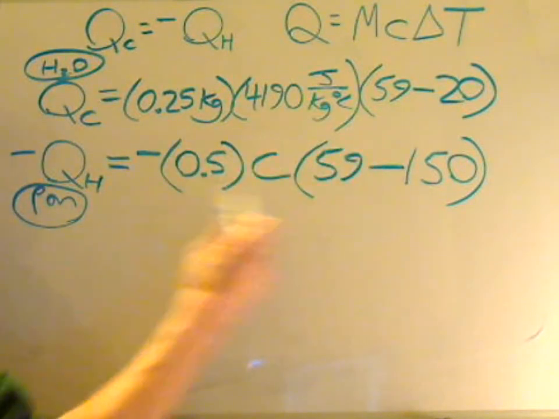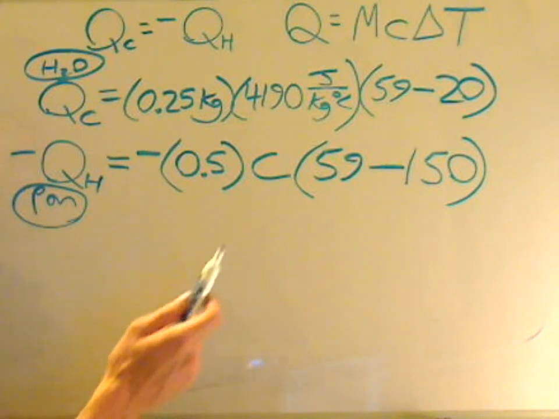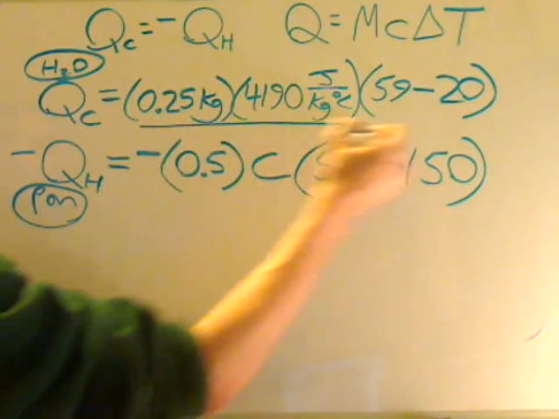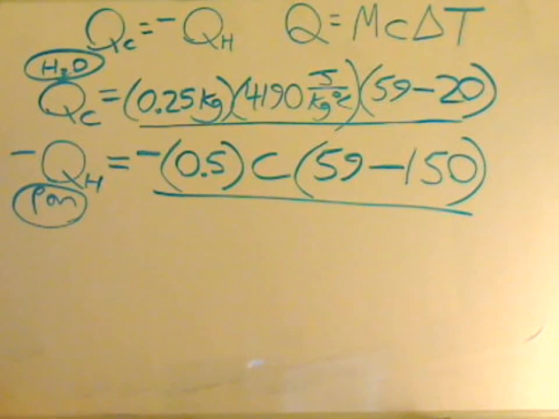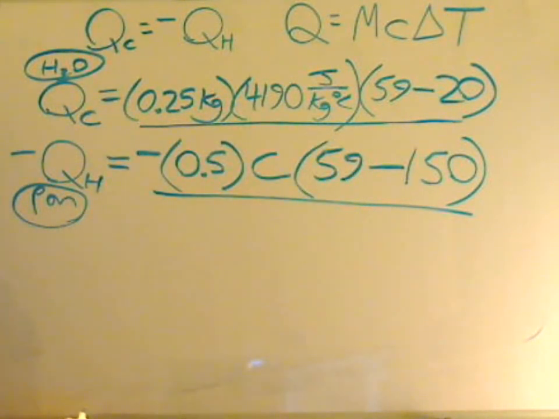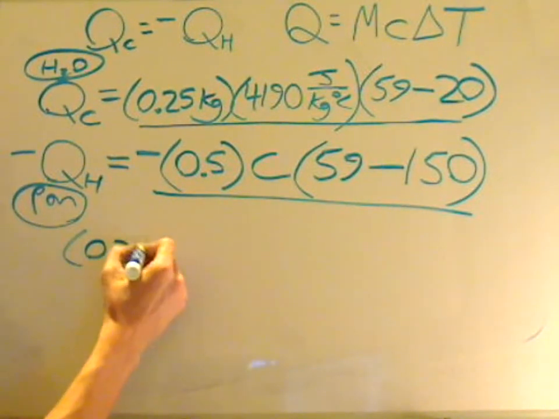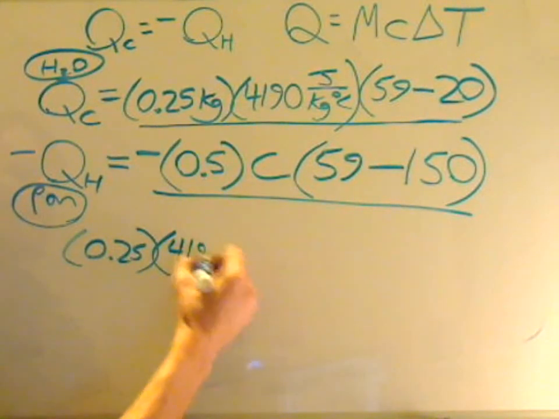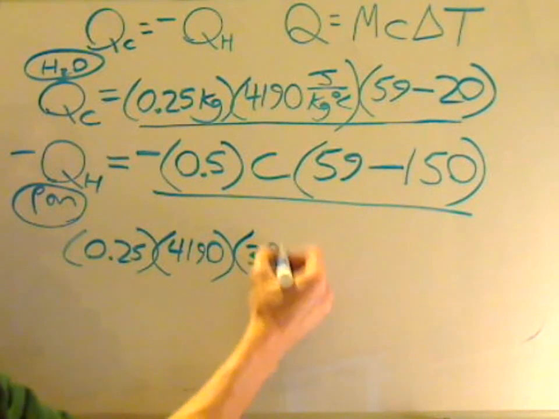Now these two things have to be equal to one another. So basically this here is equal to this. So you equate those two things, and basically what we have then is 0.25 times 4190 times 59 minus 20, which is 39.